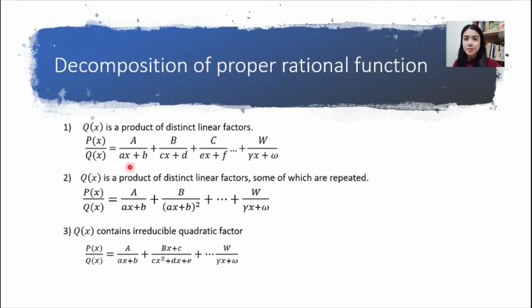For instance, I have a factor of ax plus b, a factor of cx plus d, and a factor of ex plus f. So those are different factors. These factors have x power 1. When you have x power 1 at the denominator, at the top you should put a constant, one degree less than the bottom.